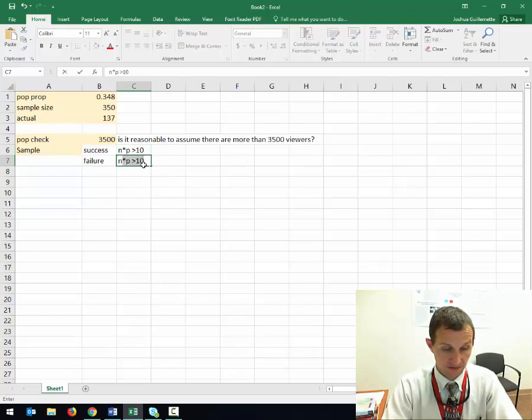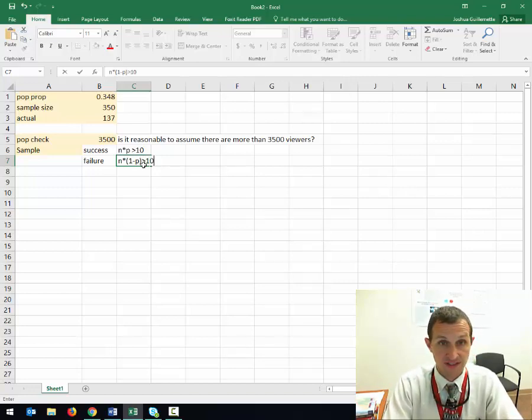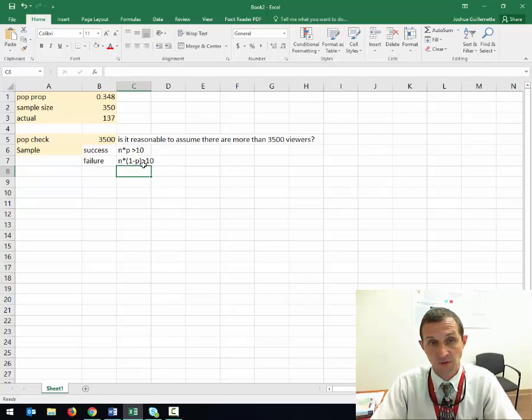For the failure condition, it's n times 1 minus p having to be greater than 10. Again, I go through this in detail elsewhere, but basically if p is successes, then 1 minus p gives you what's left out of 100%, and that would be the failure condition.